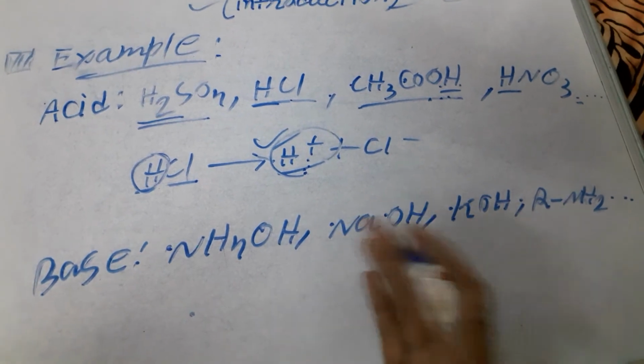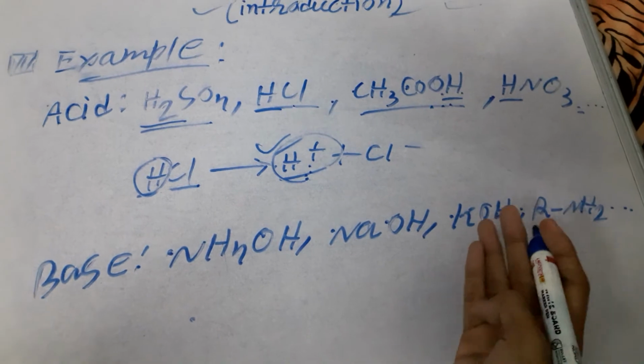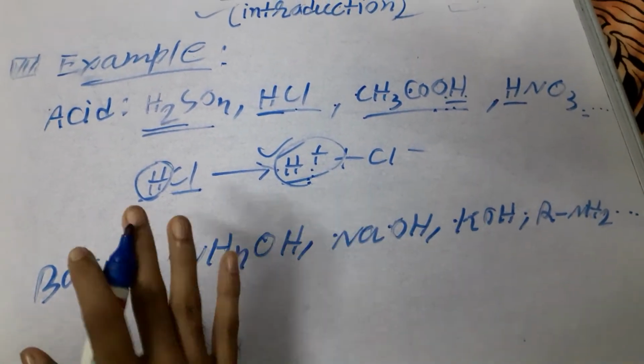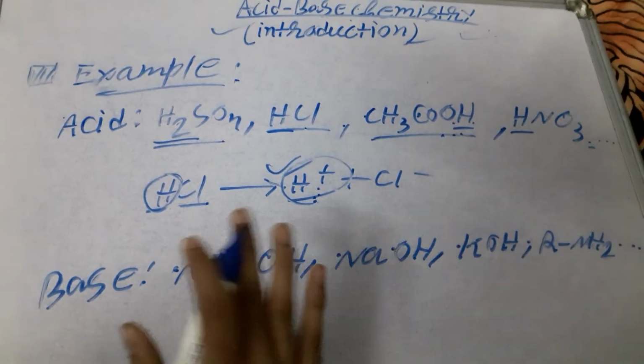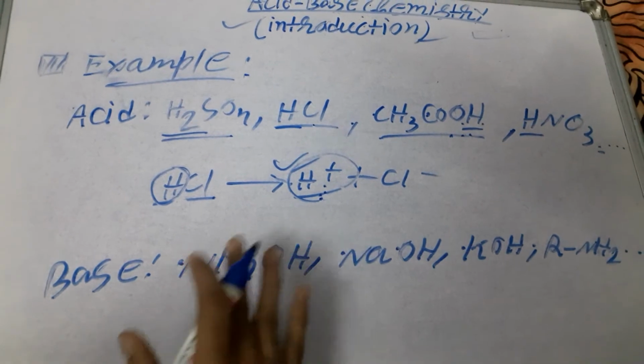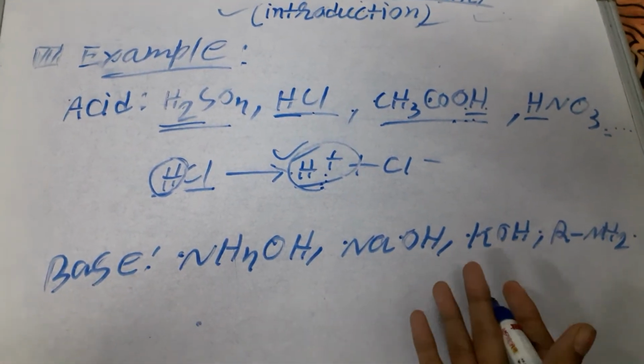Before, I said there are many more definitions according to Lewis, according to Bronsted, and more, but I don't want it complicated. Basically, according to some theory, remember, acid is what can accept and base is what can donate.